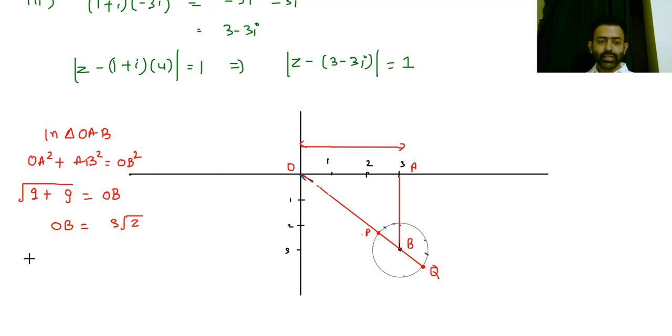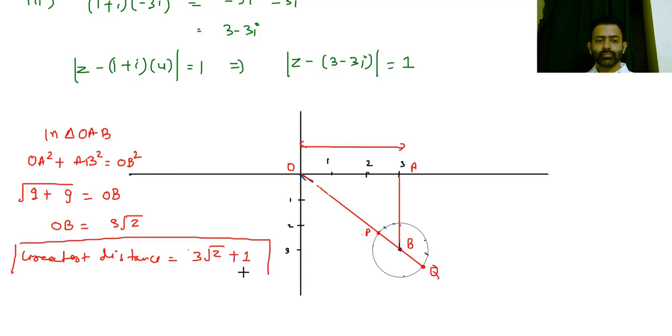So you will say that the greatest distance is equal to 3 root 2 plus radius 1, so 3 root 2 plus 1. Had it been just the least distance, then you would find OP by subtracting the radius 1 from 3 root 2. So the least distance will be 3 root 2 minus 1.